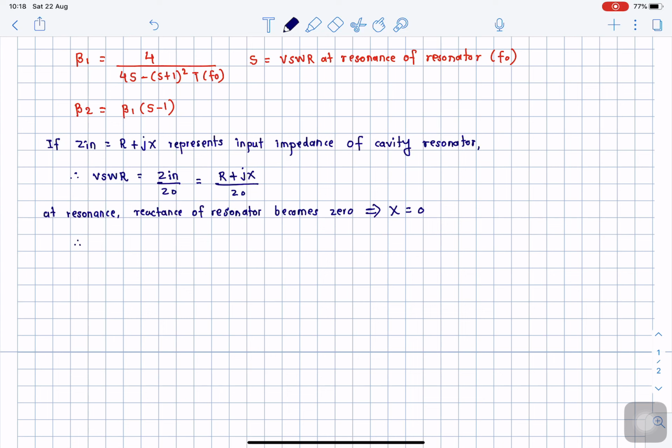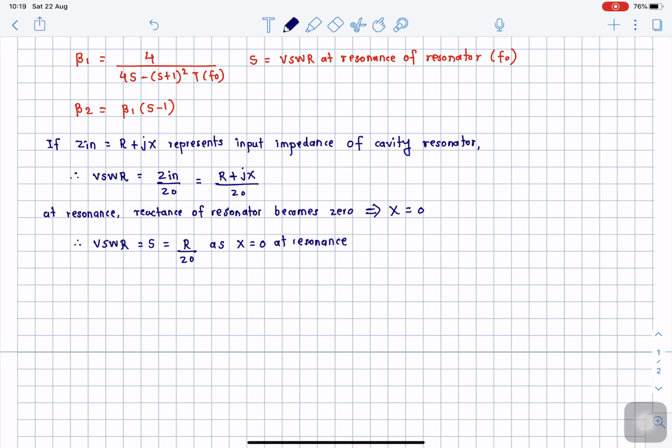Therefore, the VSWR, or simply we can call it S, will become R divided by Z0, as reactance is equal to 0 at resonance. Okay. So whenever resonance will happen, the reactance part will become 0, and as reactance part becomes 0, the VSWR is simply given by the ratio of resistance offered by the cavity to the characteristic impedance.